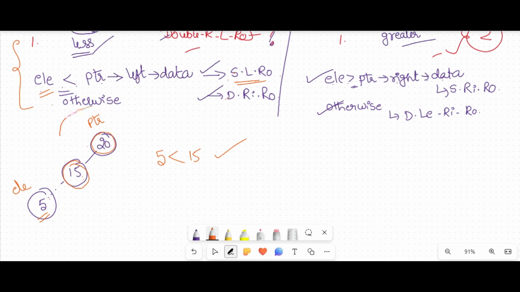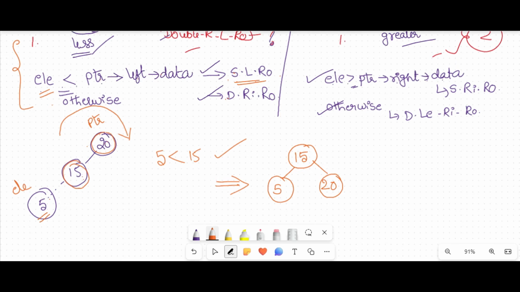See, the single left rotation we mark like this. So the tree is moving like this now. Then 15 will become the root node, with 20 on 15's right side and 5 on 15's left side.